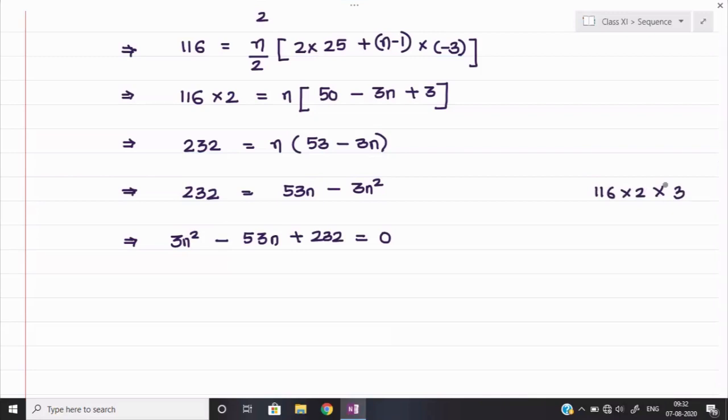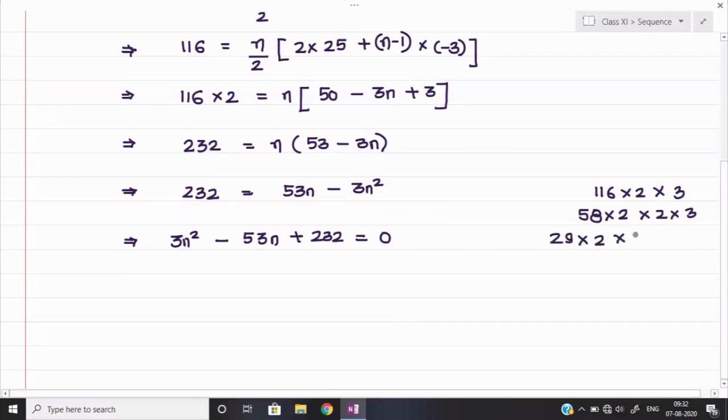So 116 is a multiplication of 58 into 2, again into 2, and then into 3, and 58 I can write as 29 into 2. So two more 2's will be there and one 3 will be there. More than this we cannot find any factors.